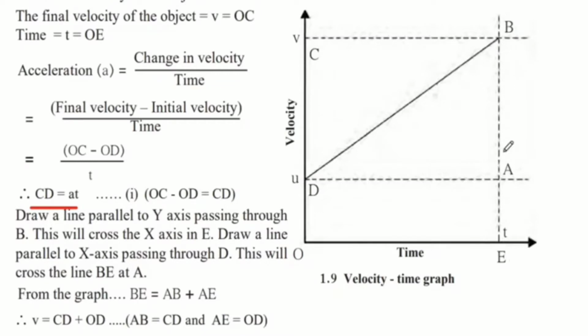But BA is equal to CD and AE is equal to DO because these lines are parallel, so the distance between them would be the same.